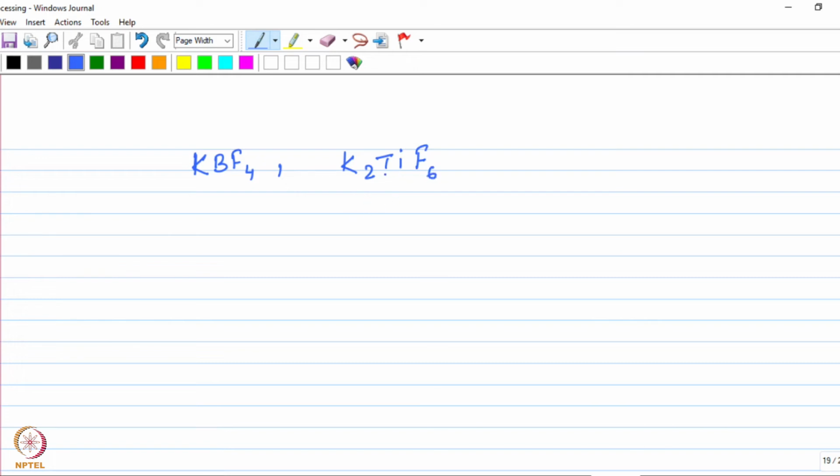So these kind of compounds are quite cheap. They are not very expensive, and at the same time you get materials like boron and titanium, which are otherwise expensive if you want to buy them in elemental form.